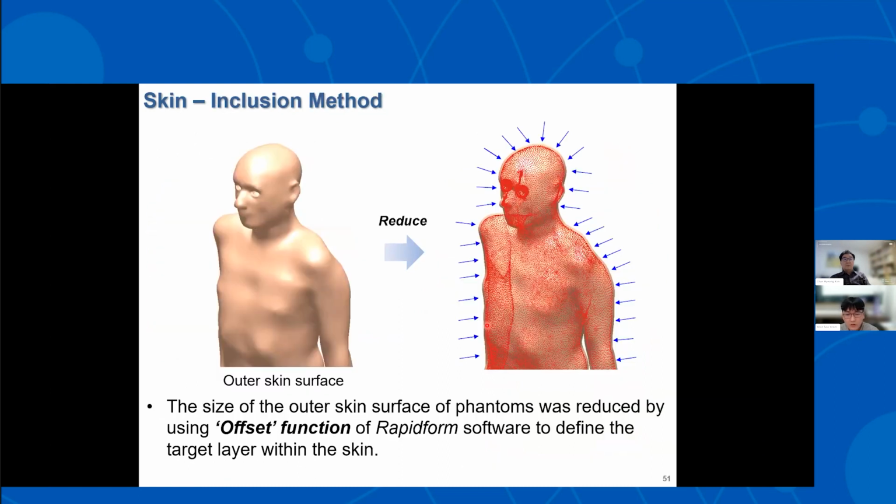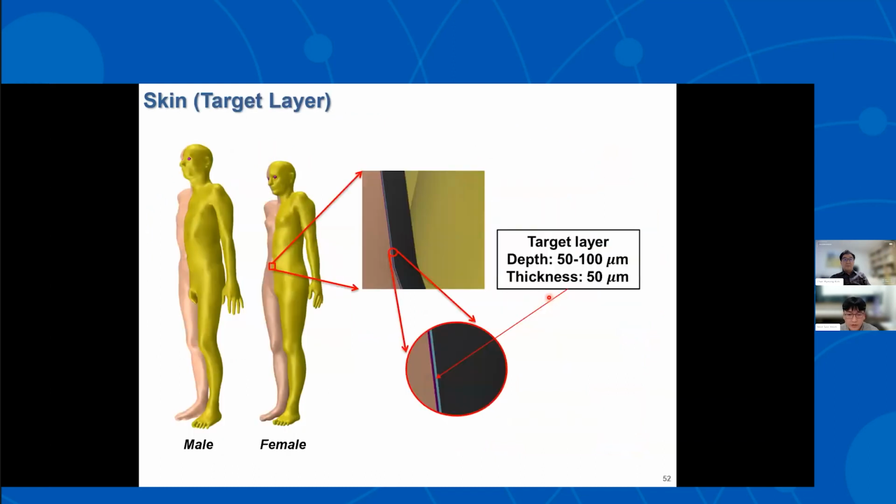For the inclusion, the outer skin surface was copied and then reduced by using the offset function of the RapidForm software to define the target layer within the skin model. So this is the skin model, including the 50 micrometer thick thin target layer, which, as you can see, is well defined in the skin model.